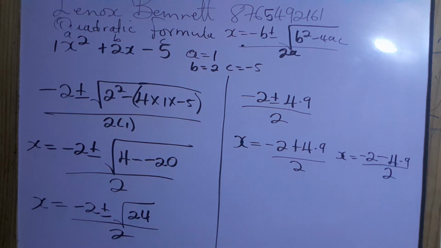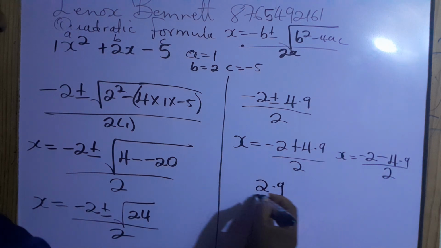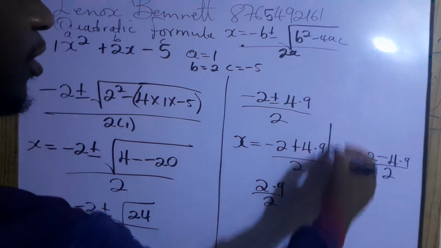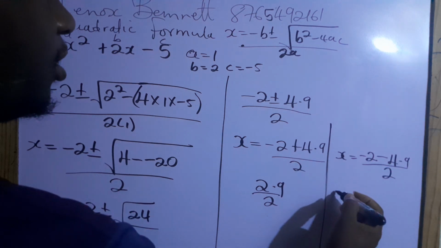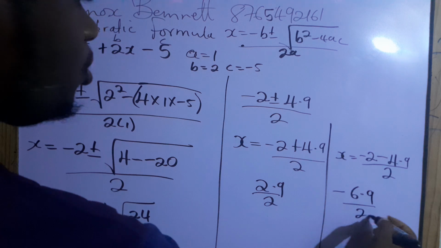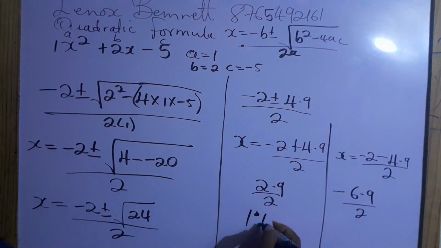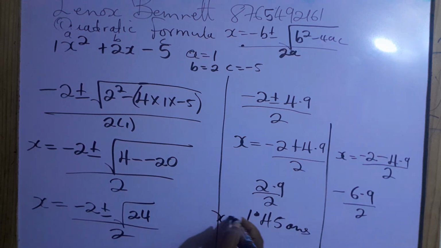So 4.9 plus negative 2 will give us 2.9. So this one is 2.9 divided by 2. And for this one, both of them are negative, so we're going to add. So this is going to give us negative 6.9 divided by 2. And of course, this would work out to positive 1.45. So this is one of the solutions.